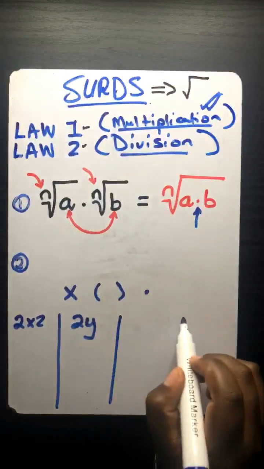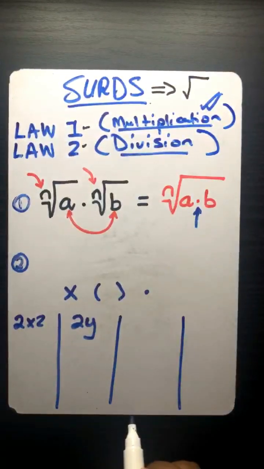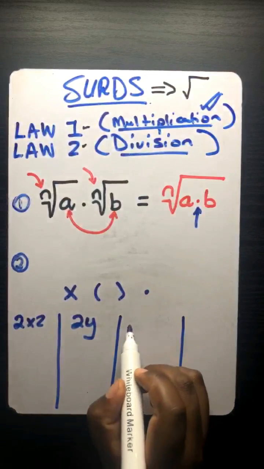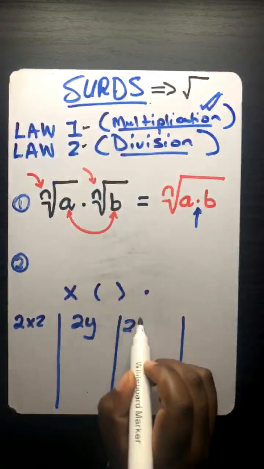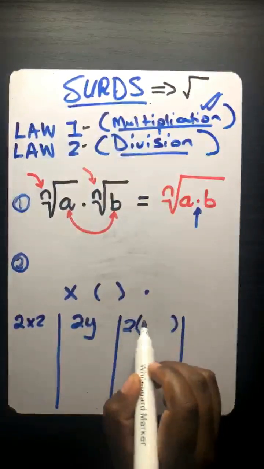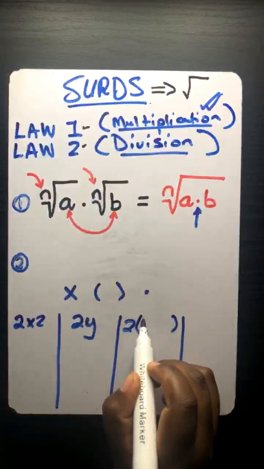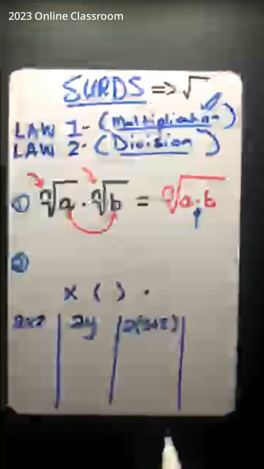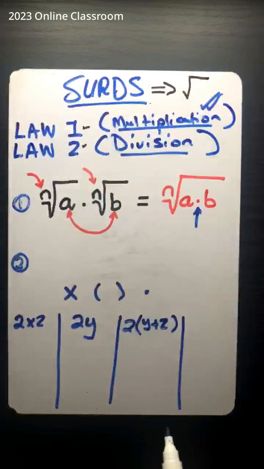When it comes to brackets, you can use them when multiplying whatever and whatever. But in most cases, brackets are used where, for example, you've got a 2, and then in between maybe you have a y, maybe a sign, and then you have another letter. This is normally how we use the brackets.